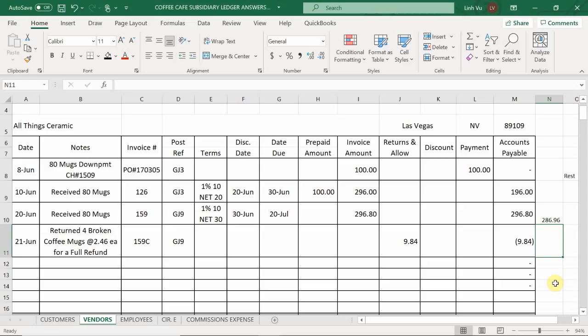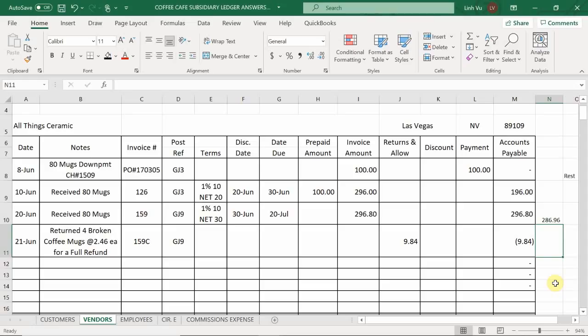I have a question. Where did the 159C come from? So in this case, C stands for credit. Usually when you do a return or a refund, you should try to have a revised version of the invoice, or in this case, this ties in saying that this credit or return or refund is directly related to this exact invoice, 159, because that's how I know how much it cost me per item for my refund.